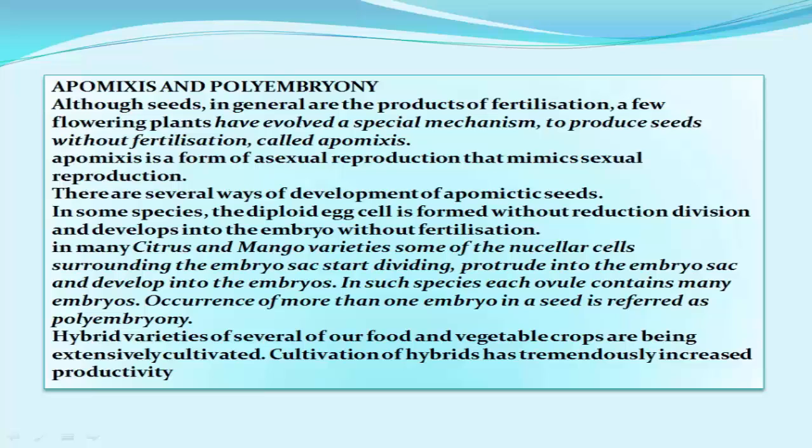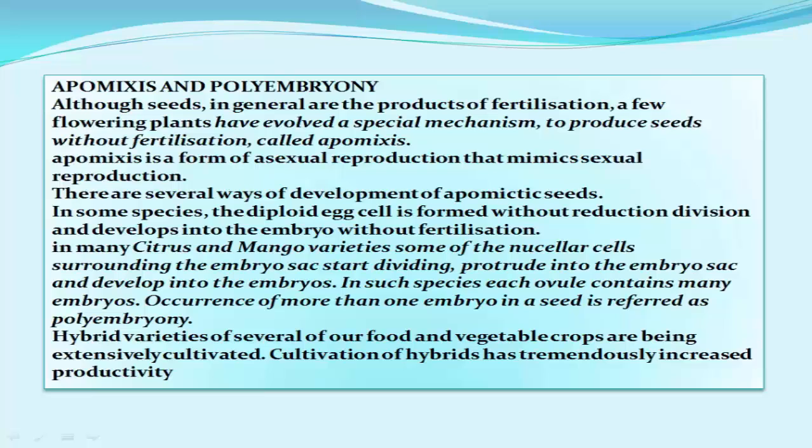It is a form of asexual reproduction because fertilization is absent. And why is it said to mimic sexual reproduction? Because it is producing seeds. There are several ways of development of apomictic seeds.